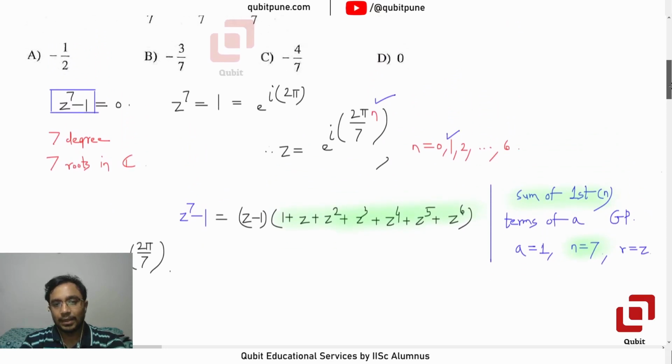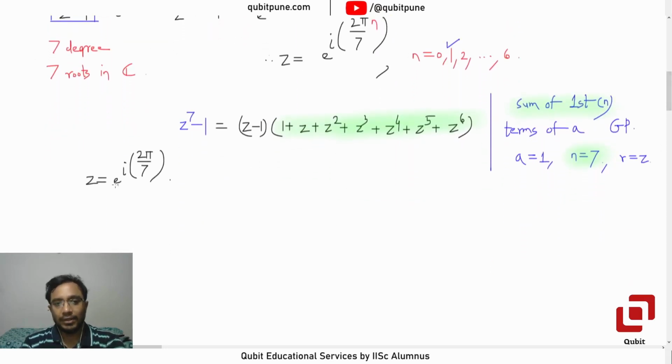If we put z equal to e^(i2π/7) in the LHS, we are going to get 0 because it is a root. On the right side, definitely z is not equal to 1, which means z − 1 will not give us 0, but what will give us 0 is the other expression.